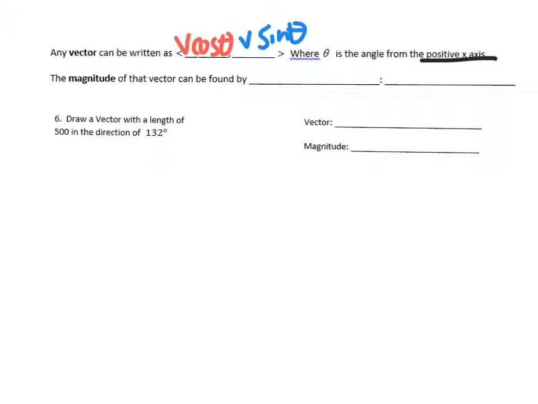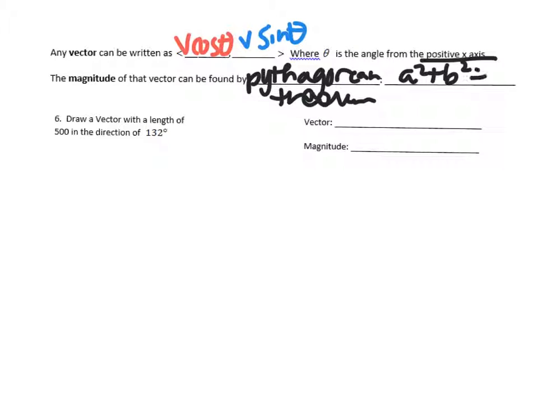The magnitude of a vector can be found by the Pythagorean theorem: a squared plus b squared equals c squared. In the next few examples, even though I've already told you the magnitude, after we do the problem, I'm going to prove to you that the magnitude is 500 if we did our math correctly.